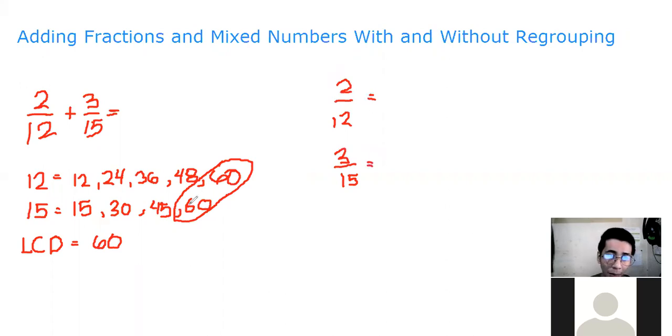Papalitan natin siya. Paano? Si 2, nakikita ba natin si 2? Diba may 60 na tayo. So, ilagay natin 60, then ita-times natin siya kay 2. Ita-times natin siya sa numerator, then i-divide natin siya sa denominator.